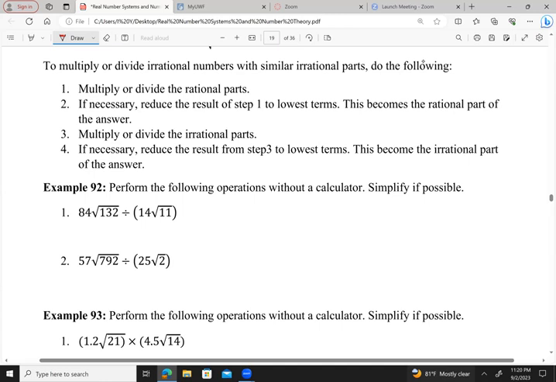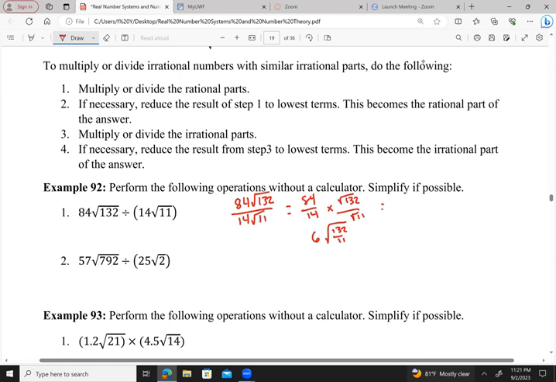So this is simply 84 divided by 14 times the square root of 132 over the square root of 11, which is 6 times the square root of 132 over 11.